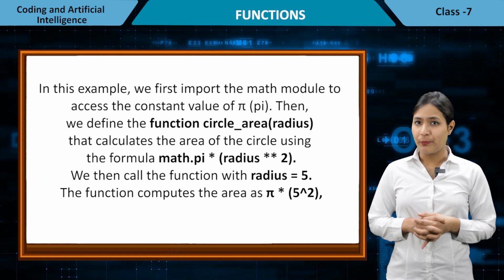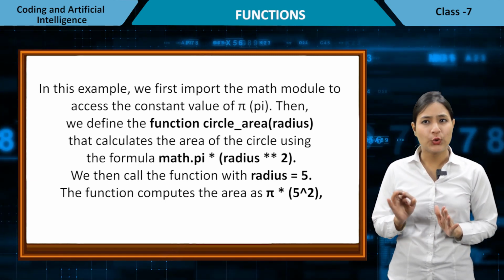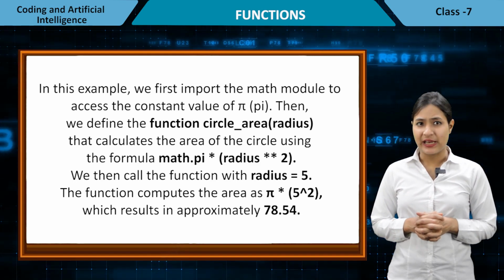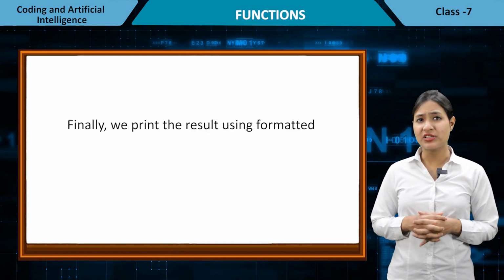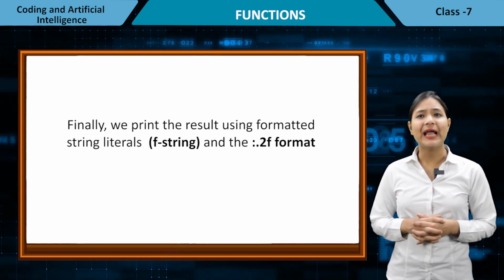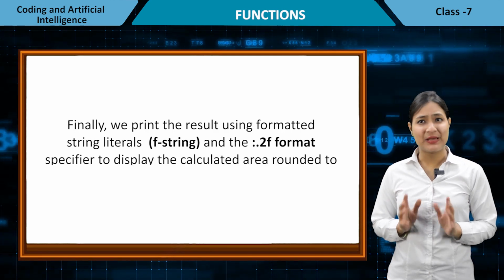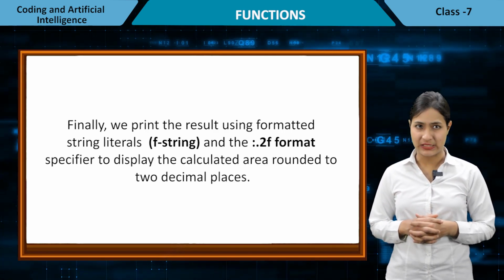The function computes the area as pi * 5 squared, which results in approximately 78.54. Finally, we print the result using formatted string literals, f-string, and the .2f format specifier to display the calculated area rounded to 2 decimal places.